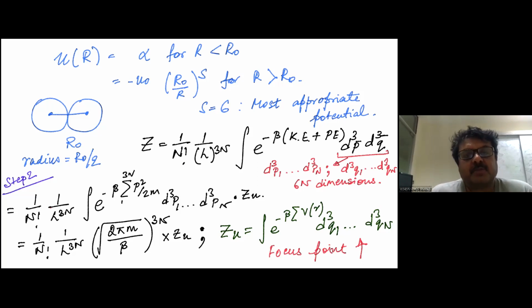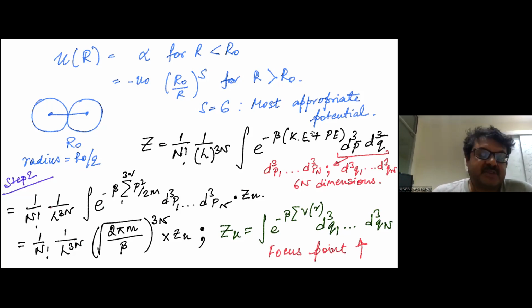What is the point? If we had to do statistical mechanics, our aim is to calculate the partition function. So this is the expression for Z. Z is 1 upon n factorial, because you're considering that the particles are identical. In that sense, it is quantum mechanical.